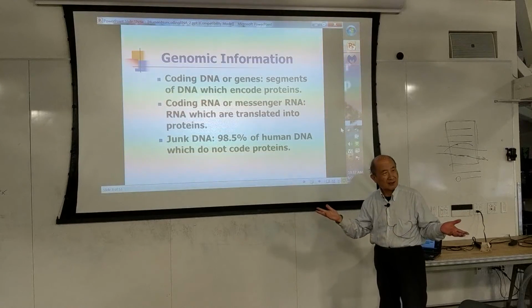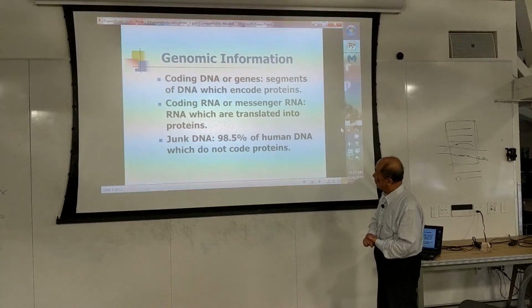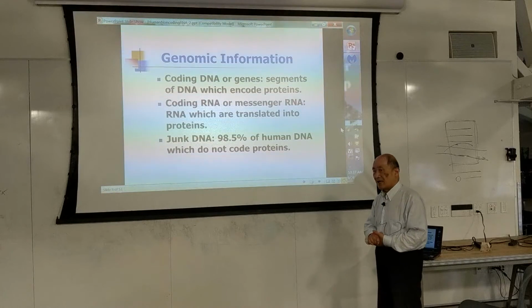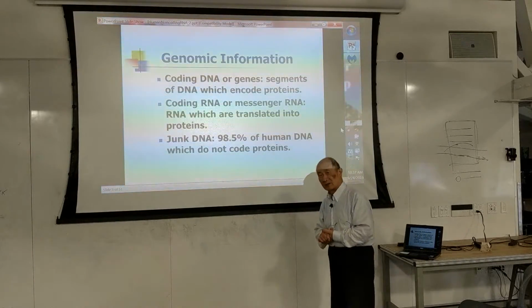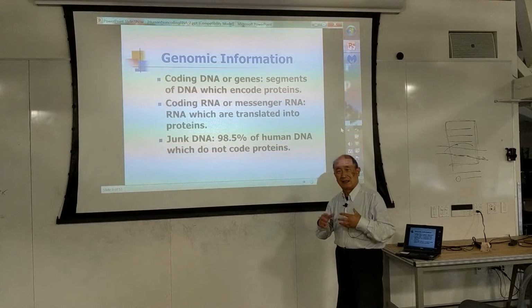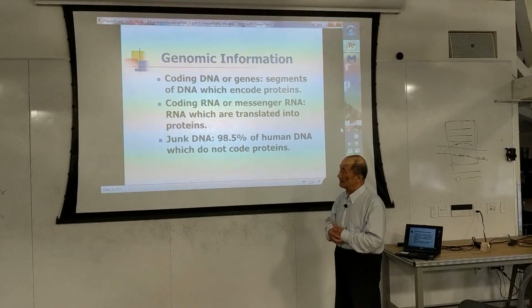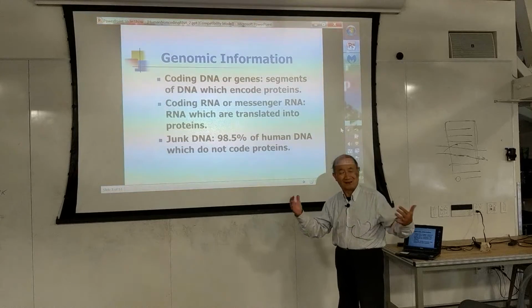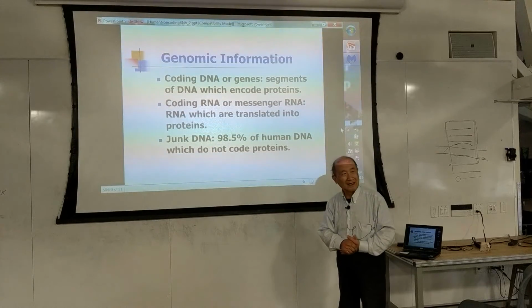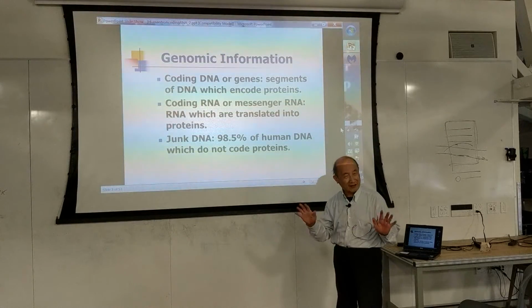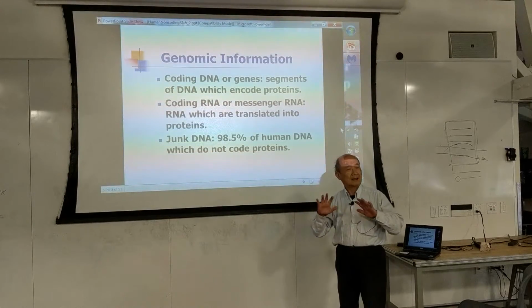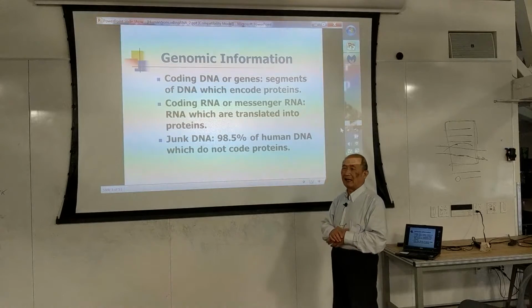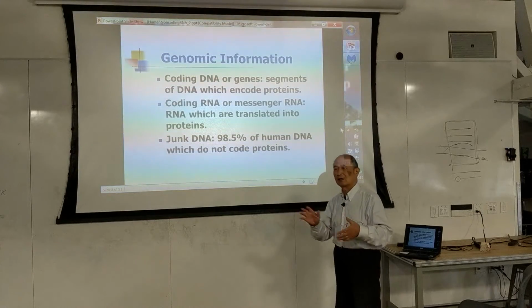And earlier, microbiologists, they are a very proud group of people, and they thought they knew everything. So everything they knew was the coding DNA, and the parts which are not coding DNA, they called junk DNA. And they said, well, it's useless.